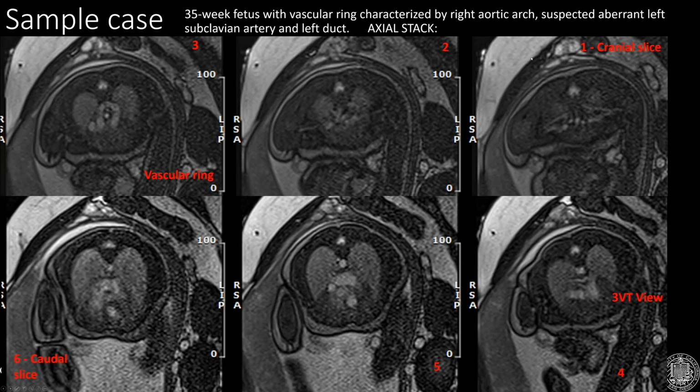So now I'll go into some sample cases. This was a 35-week fetus who was referred for a suspected vascular ring. Based on the fetal echo images, we weren't entirely certain if this could be a double arch or a right arch left duct.